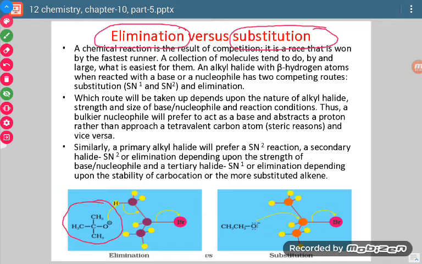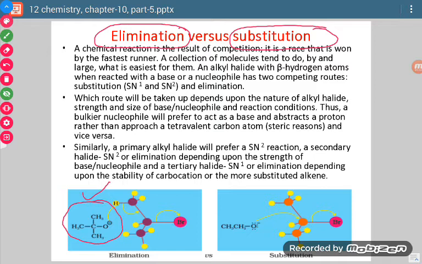From this diagram we can see that this is a larger group, so it is very difficult to get attached with this. So it is better that it tries to accept a proton from the alkyl halide, and then it forms a separate molecule and there is elimination reaction.